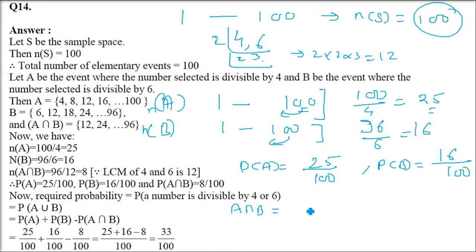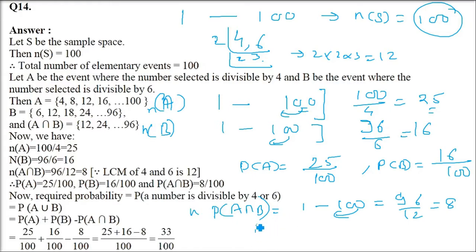Now A intersection B. We have to start from 100 backwards and find the first number which is divisible by 12. So if you come back, 96 is also divisible by 12. So 96 by 12 is 8.